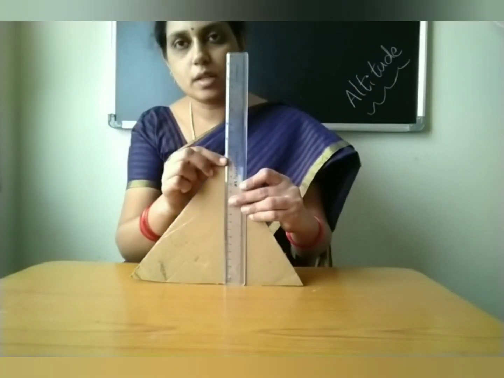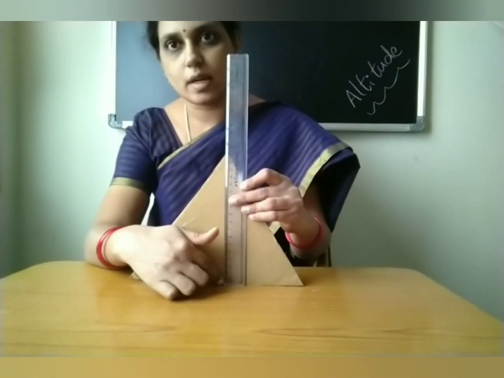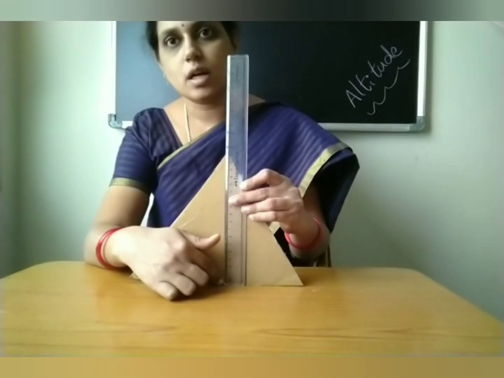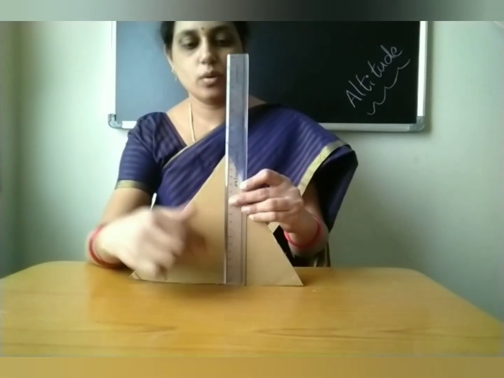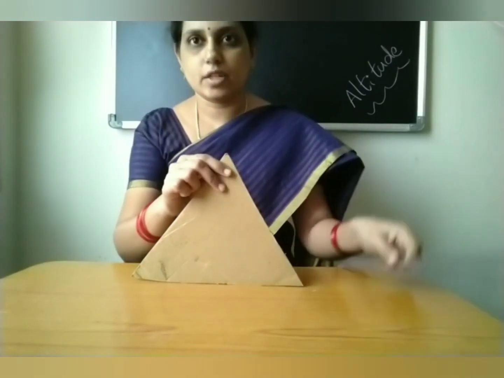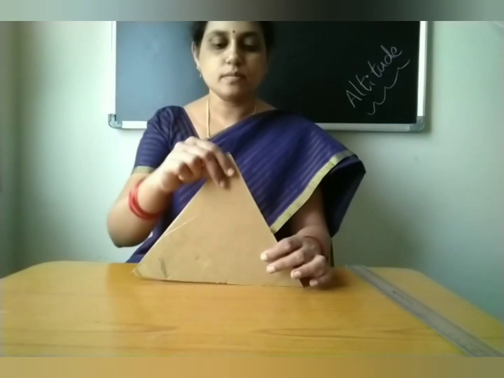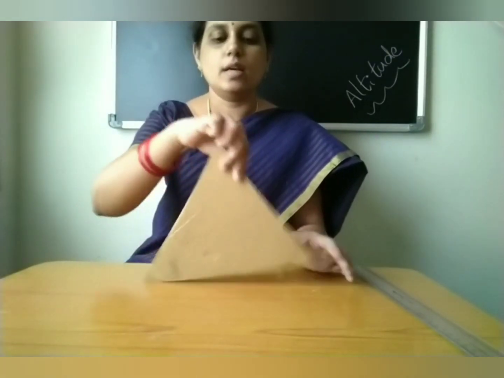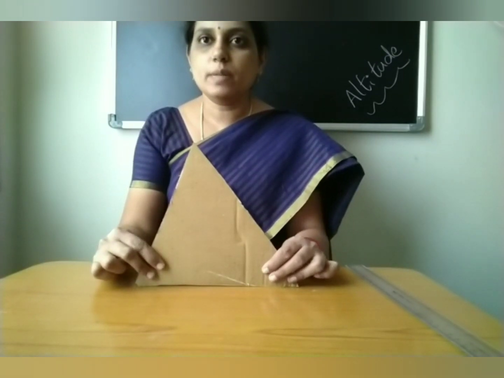The perpendicular drawn from the vertex to the opposite side is called the height or altitude of the triangle. One more thing we have to know is that it depends on the direction of the triangle, how we are keeping it, that means it depends on the base. Suppose the same triangle, if I change the direction like this, then what will be the height?